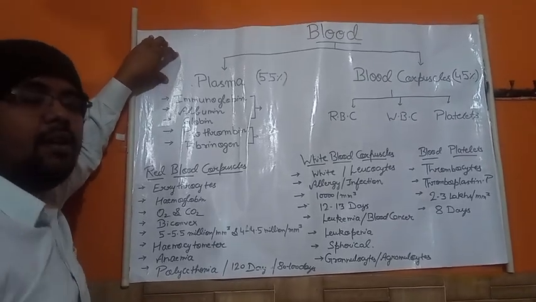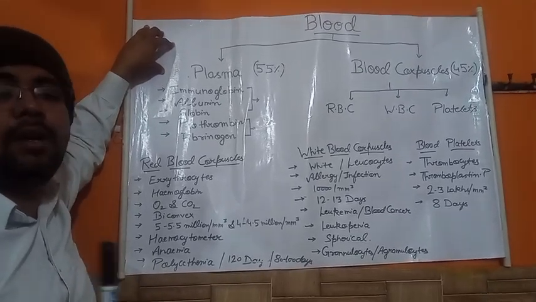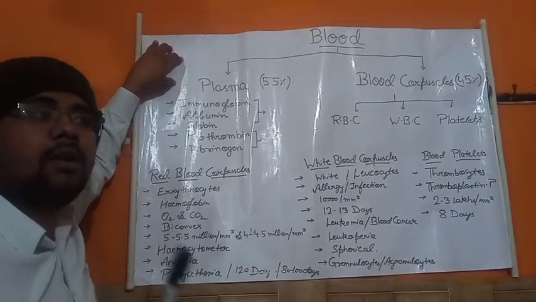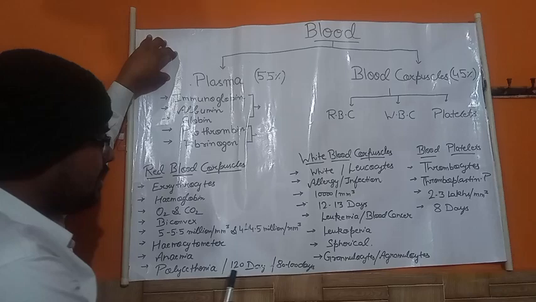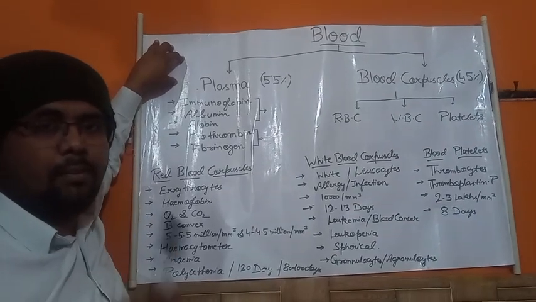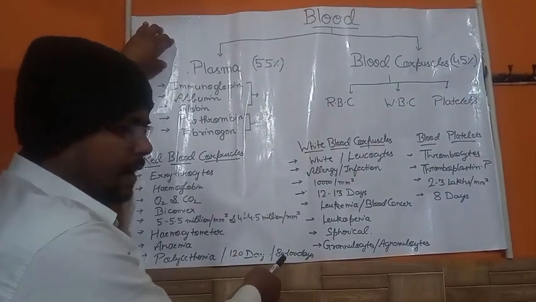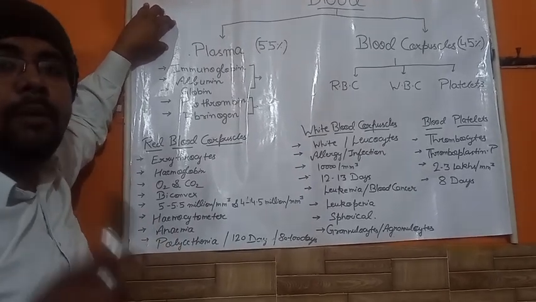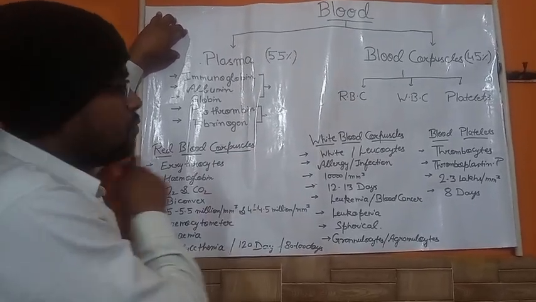What is the life span of RBC in our blood? The life span of RBC is 120 days in our body, and in frog approximately 80 to 100 days. This is RBC.